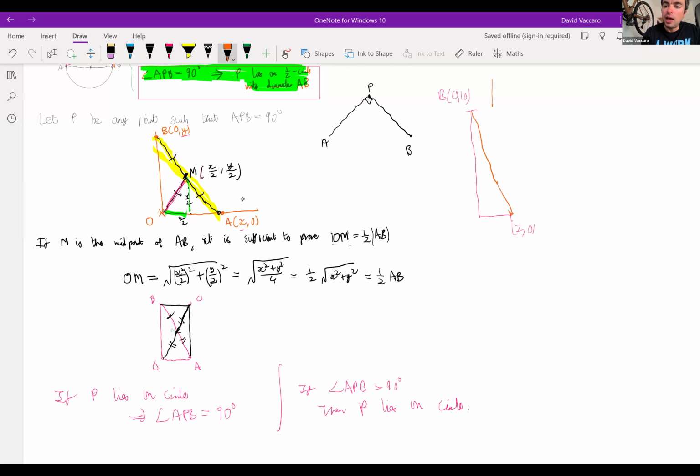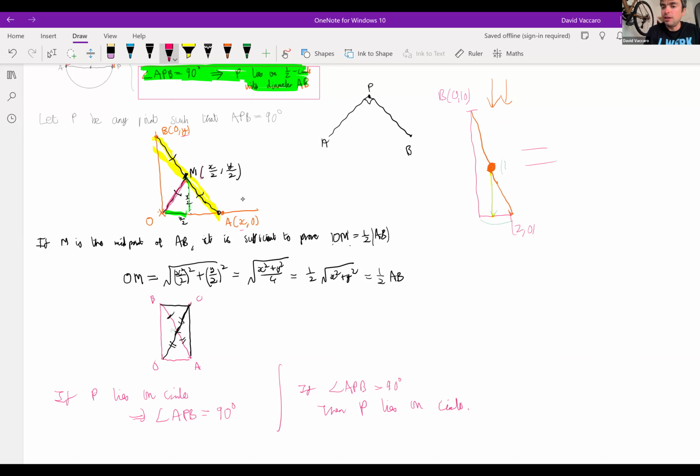Well, if you shine a light downwards and you consider the shadow cast by the midpoint, then the shadow cast by the midpoint would be directly under the midpoint, which would be halfway along between 0 and 2. So the x coordinate of the midpoint would be 1.